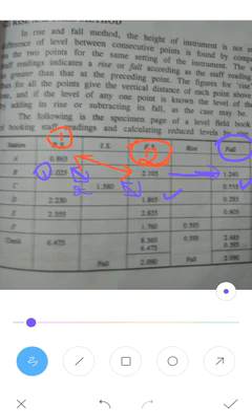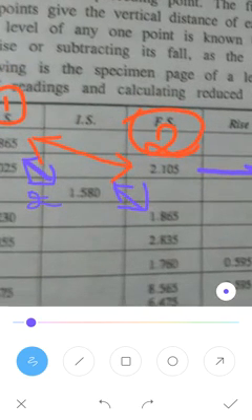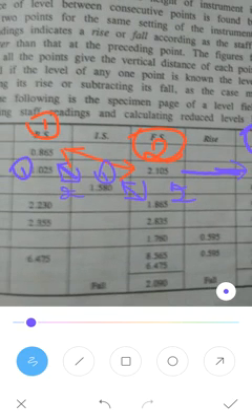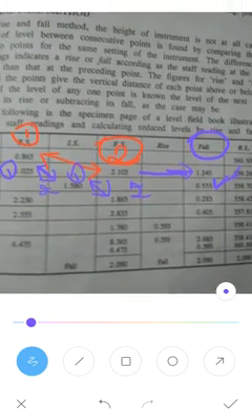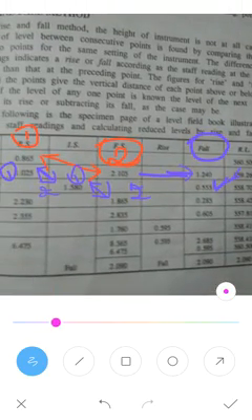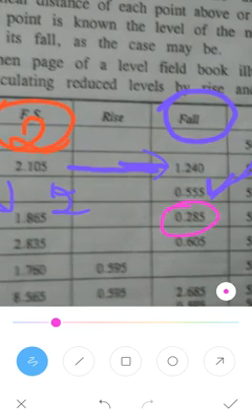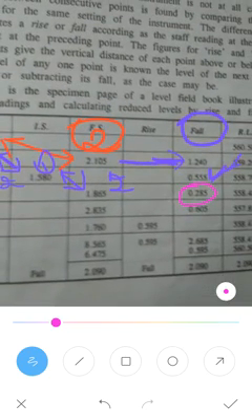So this is the second. Now it becomes the first point and this becomes the second point, the last point. So 1.580 minus 1.865 gives 0.285.